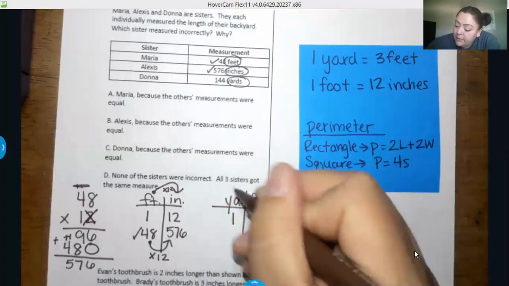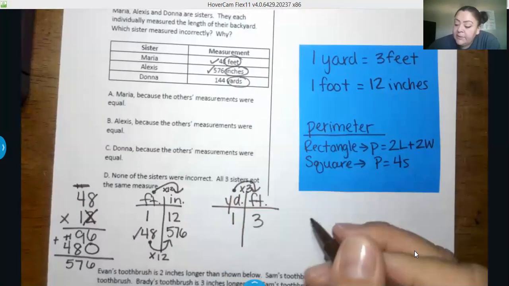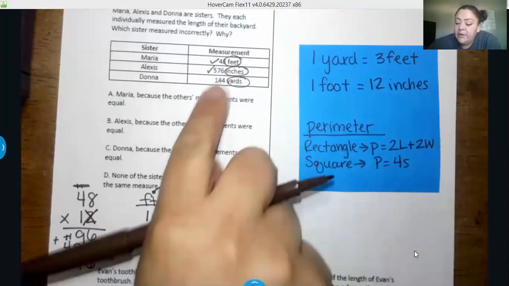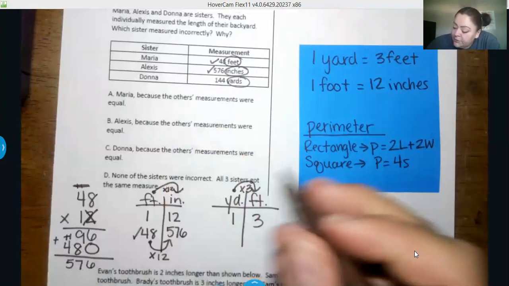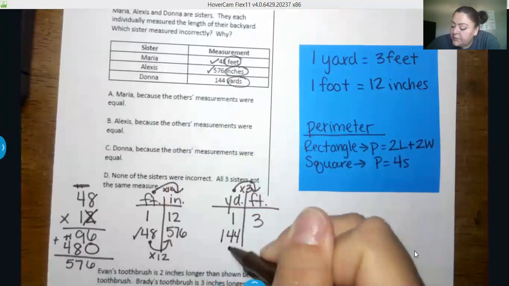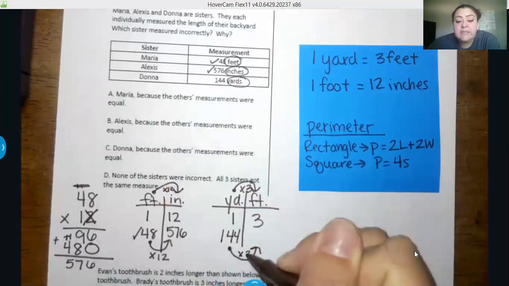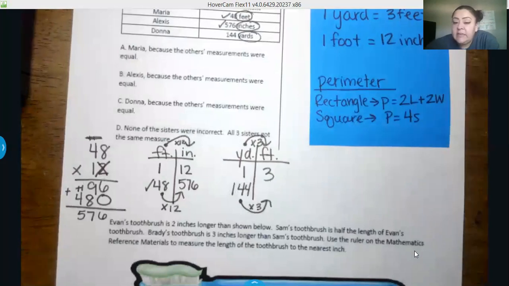So again, that relationship is increasing, times 3. So now I am going to plug in what I know. I know 144 yards right here. 144. Okay, well, to get from the other side, I'm multiplying times 3. So let's check and see if that one has a connection with any of these up here.